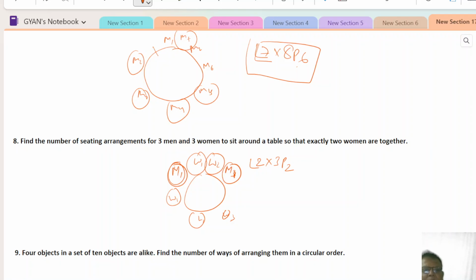How many women will be there? 2 men are gone. So how many men will be there? 1 man, W3 and M3. So 1 man and 1 woman are there. How many ways can they sit together?